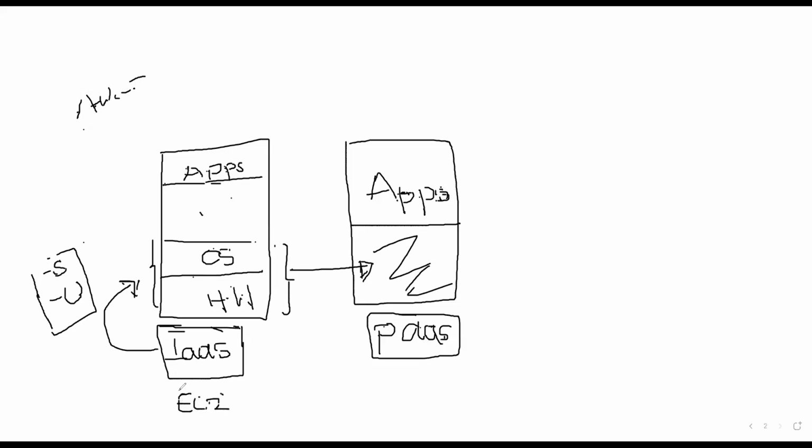This is one of the examples of infrastructure as a service from AWS. For platform as a service, we have Elastic Beanstalk, which acts like a platform as a service. Once we choose this service, we need not worry about the operating system or underlying hardware infrastructure.